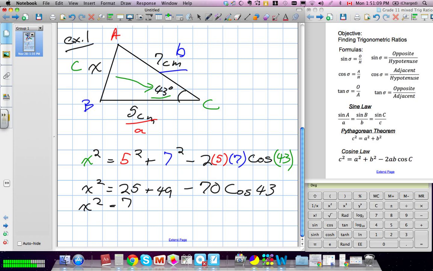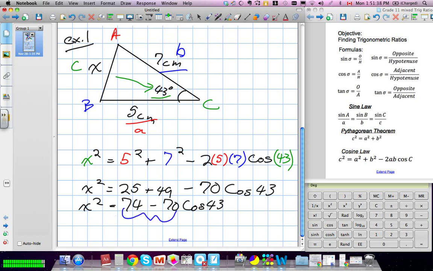minus. Now, this is very important. We'll write this out here. This is the part where most people make mistakes with cosine law. Many people see 74 subtract 70, and they equate this. That's not the right process.